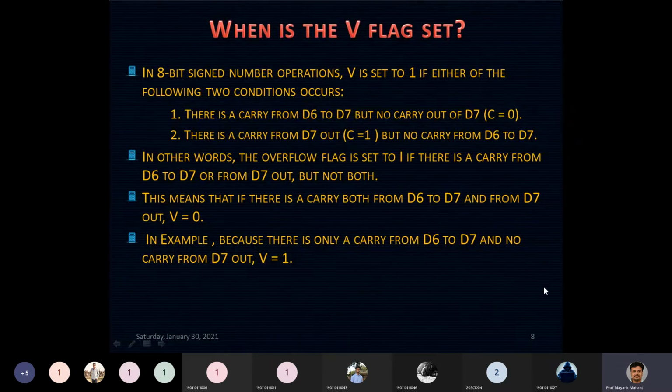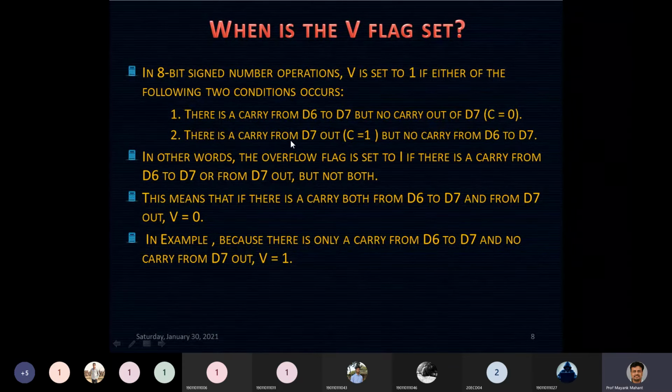The resultant sign will not get altered. If I am adding two negative numbers, the result must be a negative number. So if a carry is generated from D6 to D7 and from D7 out, you will find that 1 plus 1 plus 1, sum is 1, carry is 1, so the sign of the result is not altered.